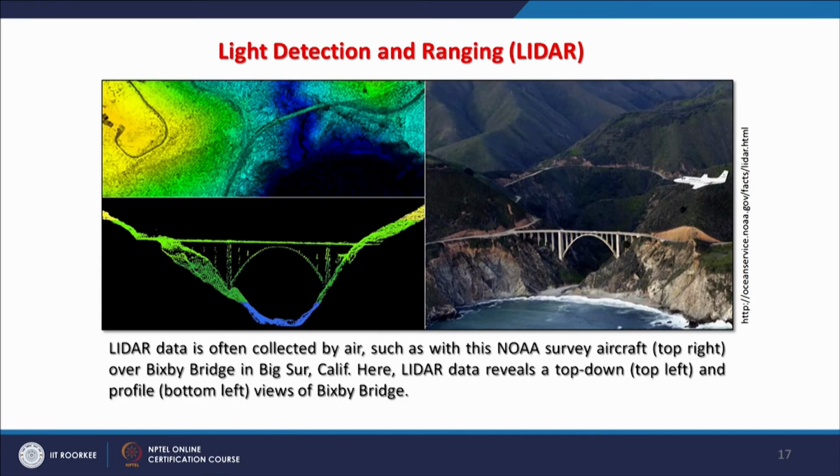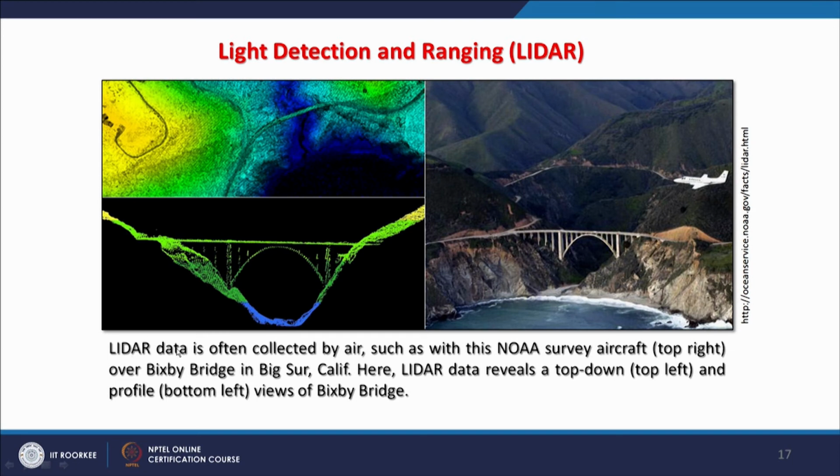So this is the example here. What we see is the real photograph of that area, and what you are seeing is this from the top and this is the profile view. So both things can be seen here, and this is how a Lidar image will look.